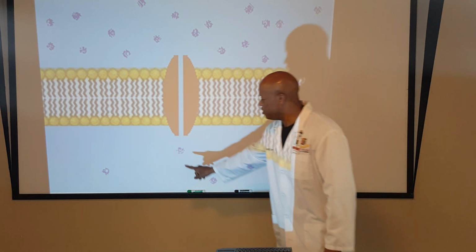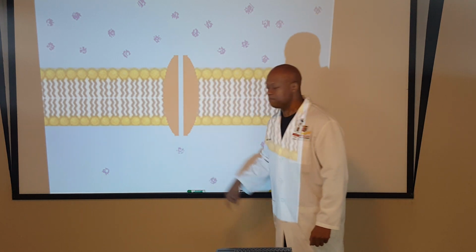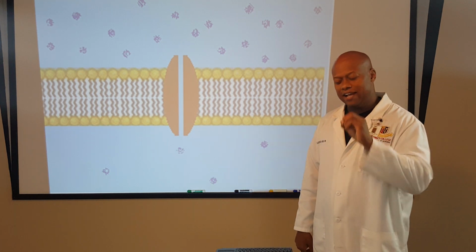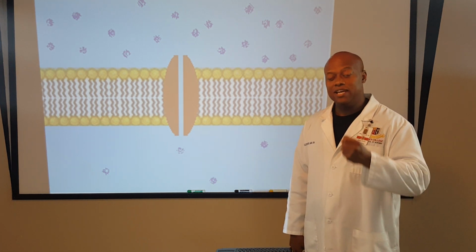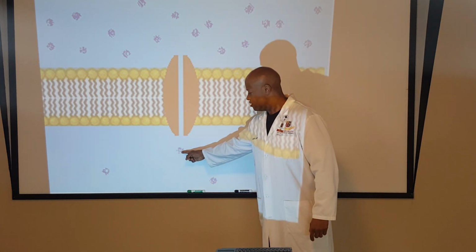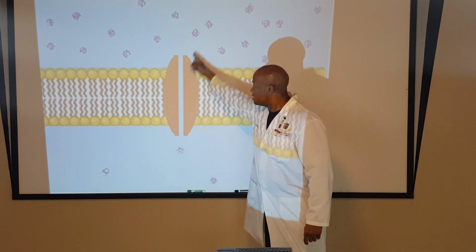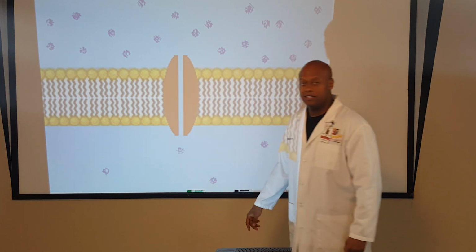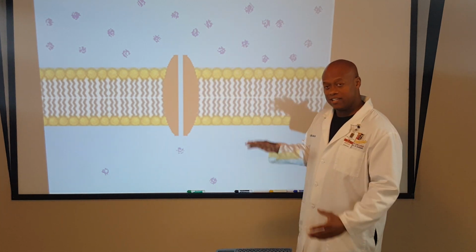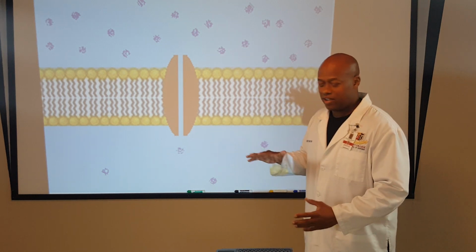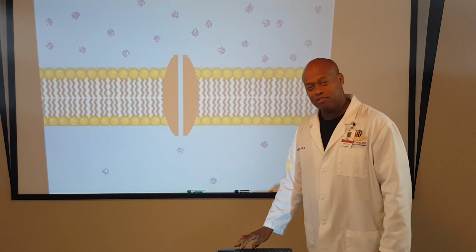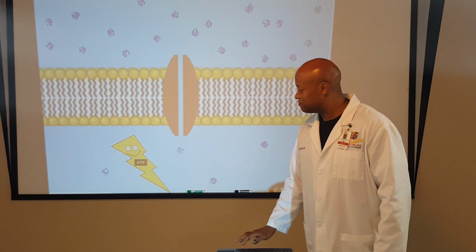Now we want this to go to the other side, and we want to demonstrate active transport. Active transport, we said, requires what? Energy. So we've got our little sodium there that wants to get to this other side, but there's a gradient there where it really shouldn't be able to do it, but it can with extra energy. So in comes the energy.